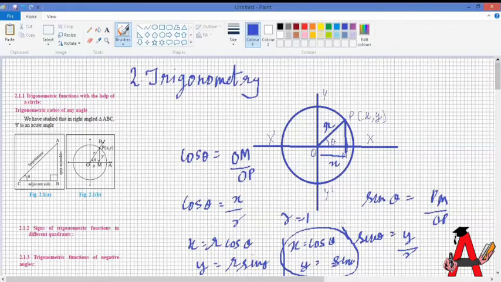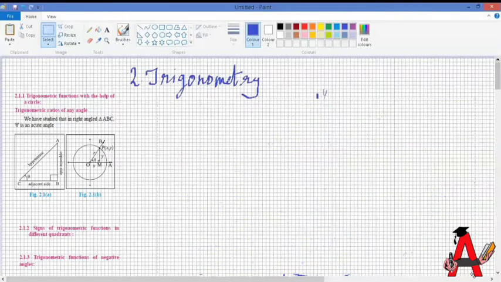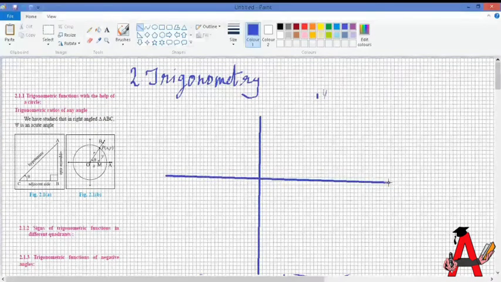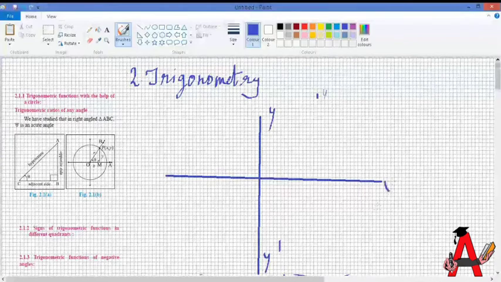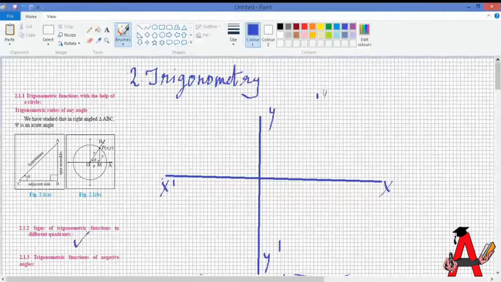Now let's move on to another concept. Suppose this is a y-axis and this is an x-axis, y dash and x dash. The second part is signs of trigonometric functions in the different quadrants.